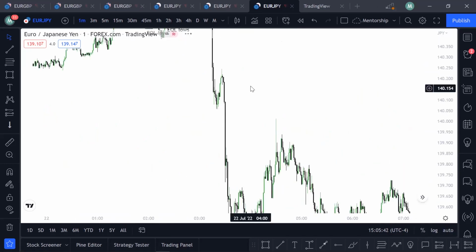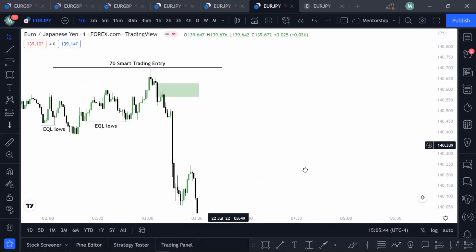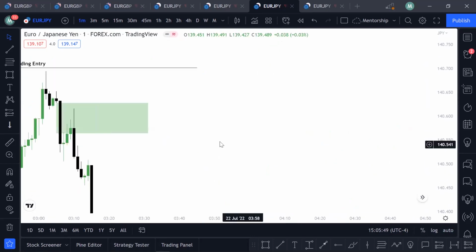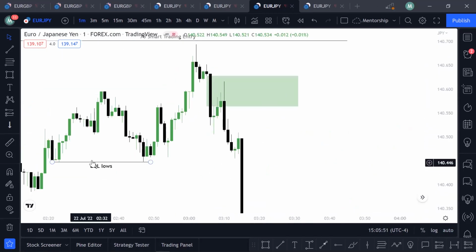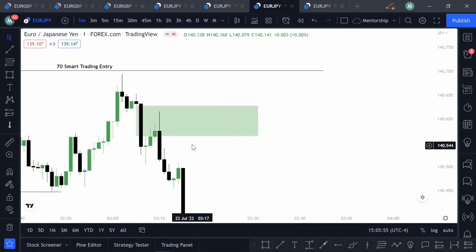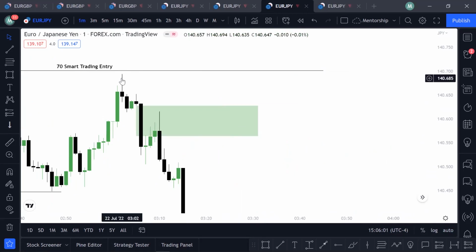Okay. We have a smart trading entry here. Then below a smart trading entry, we have our relative equal lows. This is analysis that I did some time back. It's okay. So we have a smart trading entry, 70 level. Price hits that level at what time? At 3 o'clock in the morning, New York time.